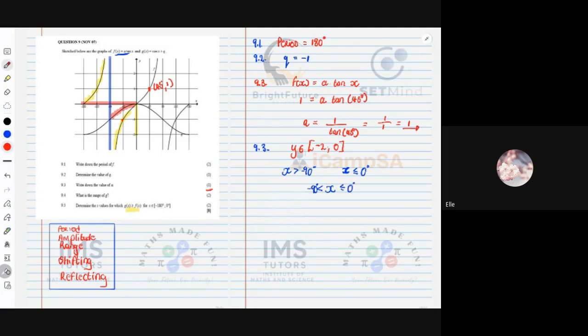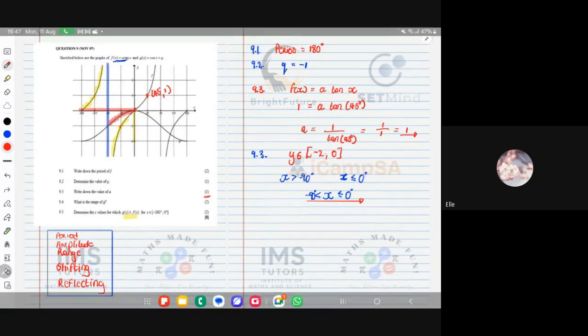So this would be your final answer. Those are the values whereby the graph of g is greater than f of x. We determined that graphically, and it was specified as only from here to here, so we're not looking at this point, or from 0 to 180 degrees.